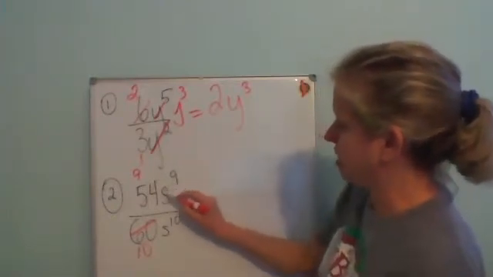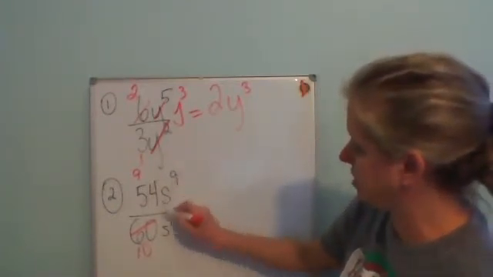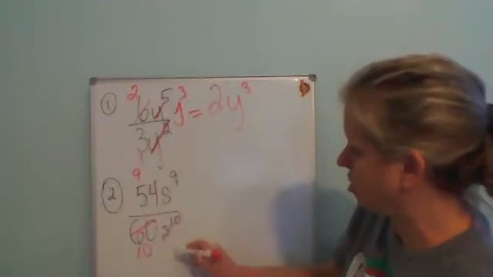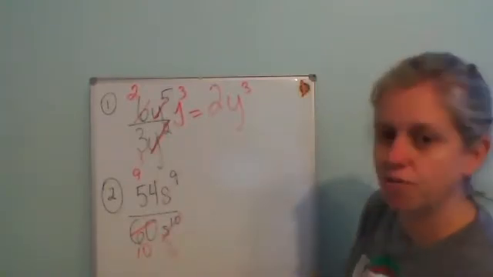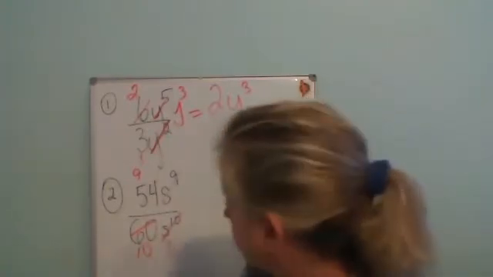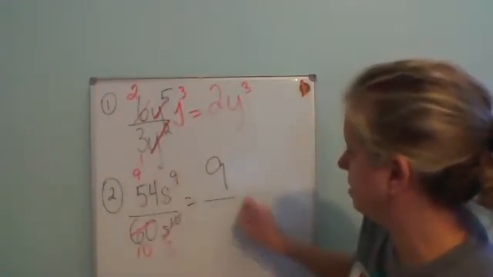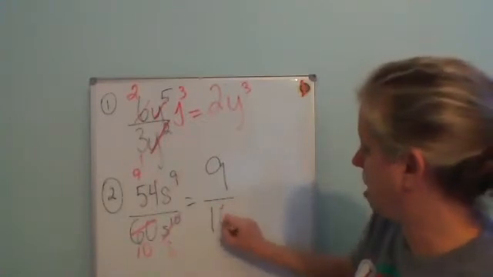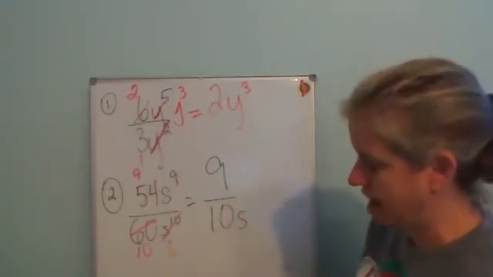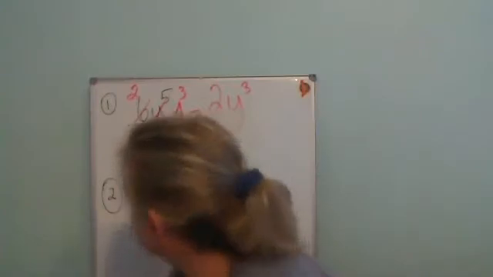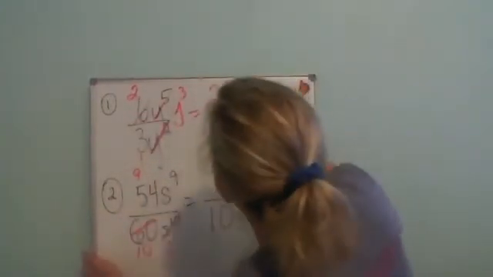Or you can think of it as these 9 s's cancel out 9 from here, which means I have 1 left over, but it's in the bottom. So up top you just have that 9, and in the denominator you have 10s. So 9 over 10s is what you're left with on number 2.